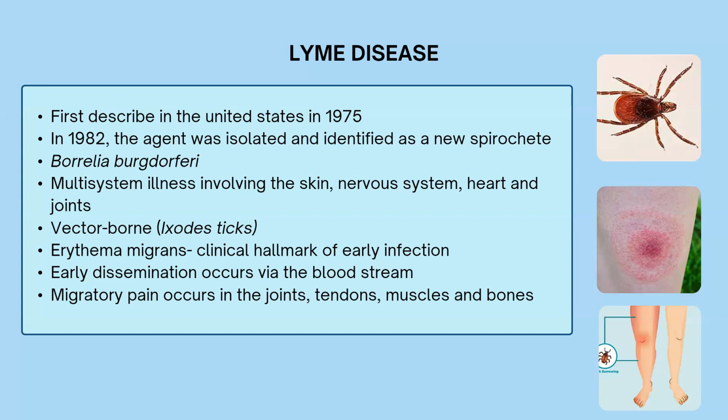The clinical hallmark of early infection is the rash known as erythema migrans, which you can see on the right side of your screen, the second picture. This appears between 2 days and 2 weeks after a tick bite.